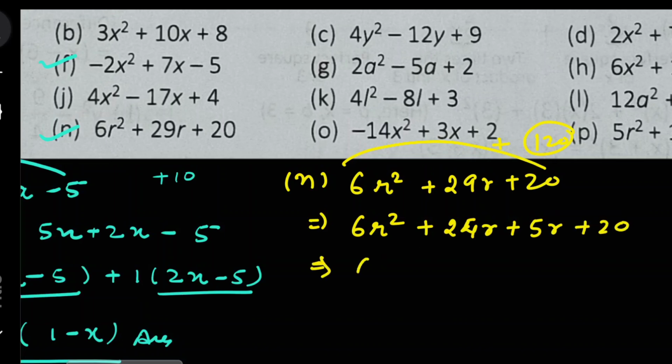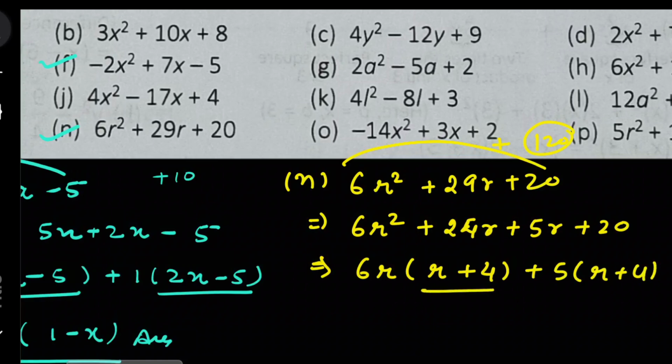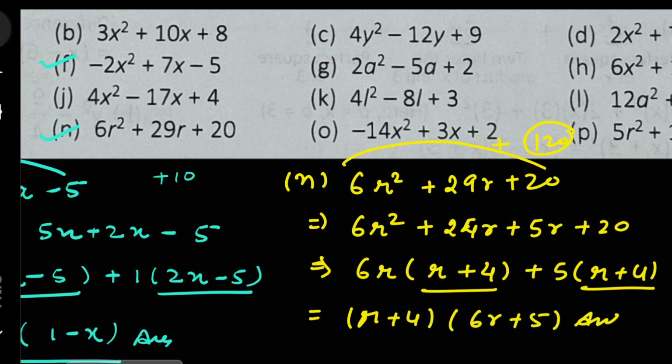On further solving, taking 6r as a common, we are left with r plus 4, since 6 fours are 24, and taking 5 as a common, r plus 4. Taking r plus 4 as a common, we have r plus 4 and 6r plus 5.